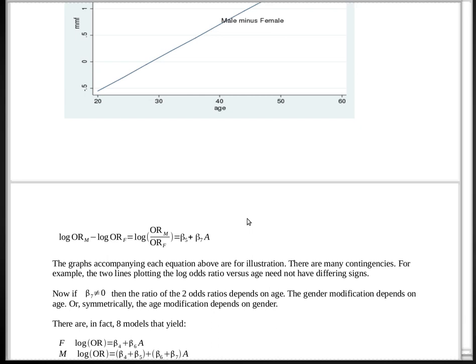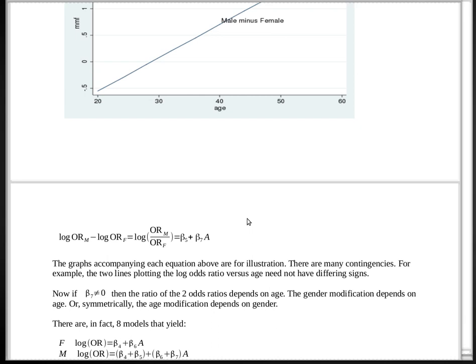Now, this is the same circumstance that we saw when we just had age groups. But now we've got lines. We've got 4 lines displaying the log odds of disease, 2 lines for the log odds ratio, and 1 line for the difference between the 2 log odds ratios.